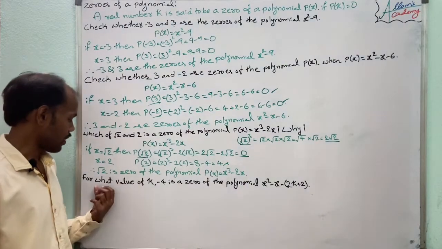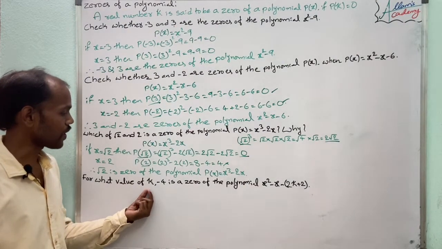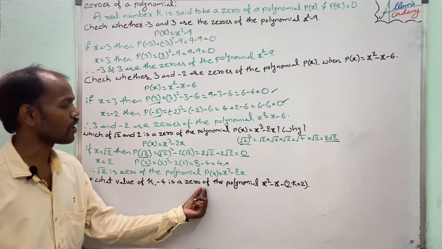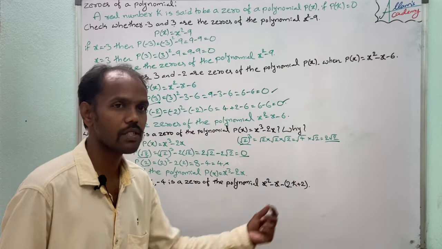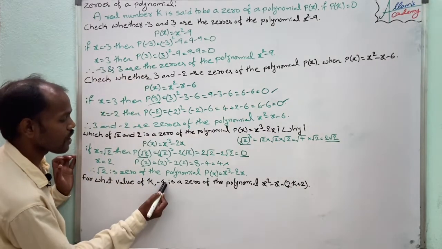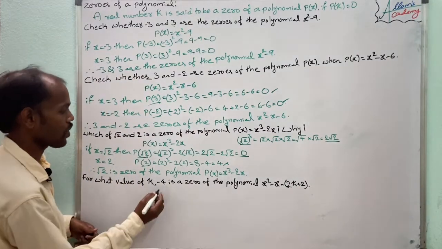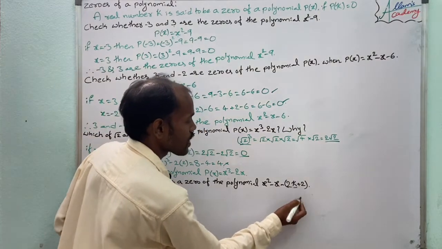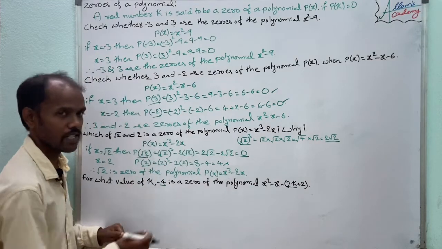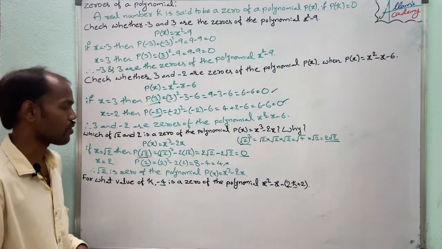Now the given problem: for what value of k is minus 4 a zero of the polynomial x square minus x minus (2k plus 2)? So here, what is the zero of the polynomial? That is minus 4, already given. For which value of k is this minus 4 a zero? That is the question given here.